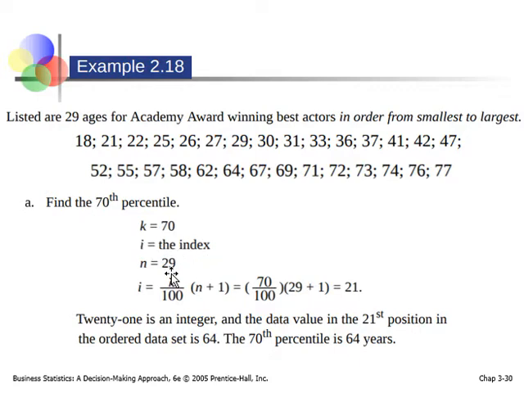And then we have the n, which is our total number of data. You don't need to think of this in a complicated manner. Basically, what we want is which number or data is at the 70th percentile, or at what position. To find that, you need all of these variables, k, i, and n.